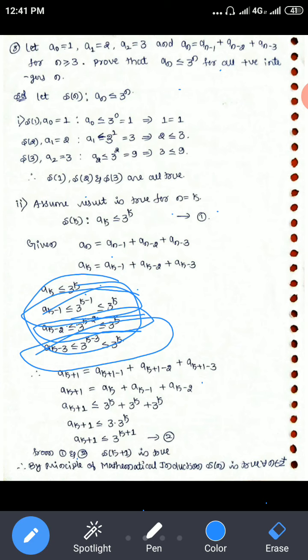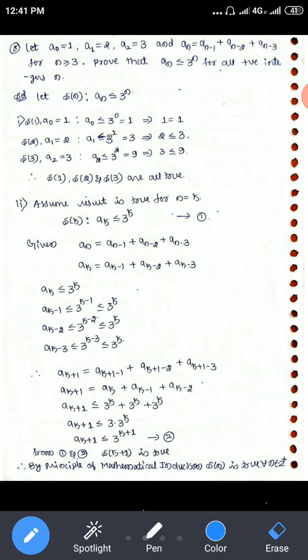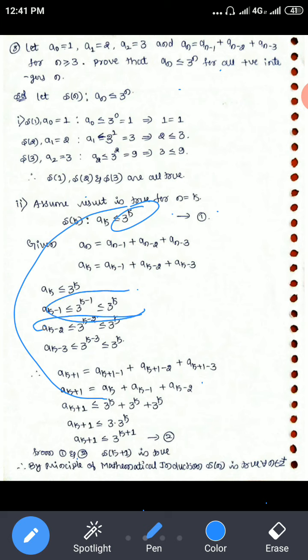So I'll substitute here: ak is less than or equal to 3^k, ak-1 less than or equal to 3^k, and ak-2 less than or equal to 3^k.